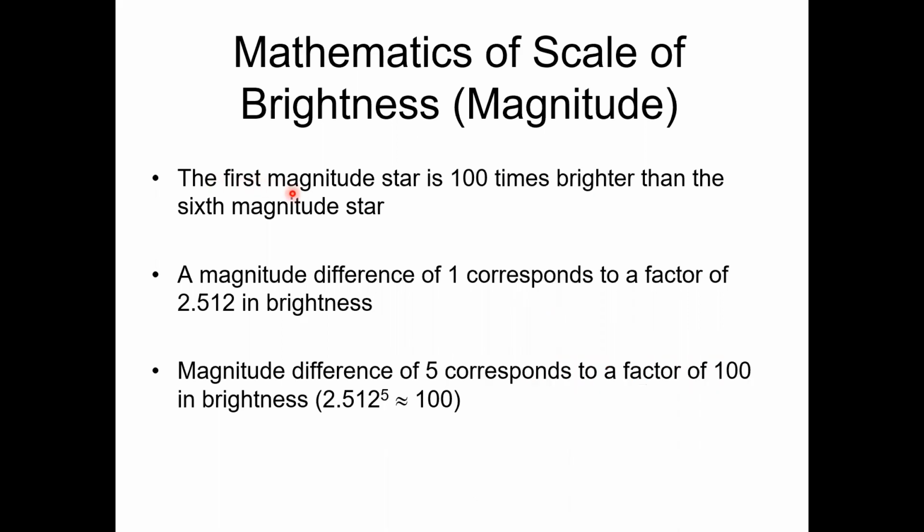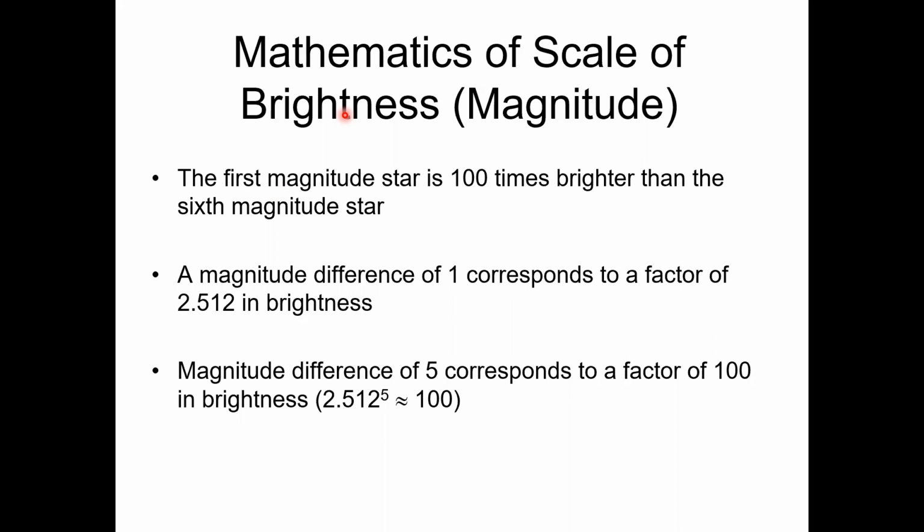So we call some stars the first magnitude star, and some other stars we call second magnitude star, third magnitude star, like that. So we give stars what is called the magnitude. Magnitude is the brightness, how bright it appears as you see it, right?